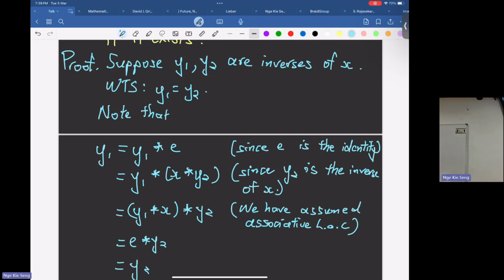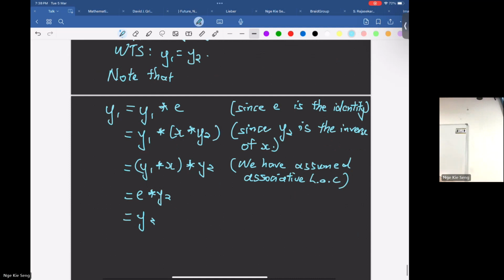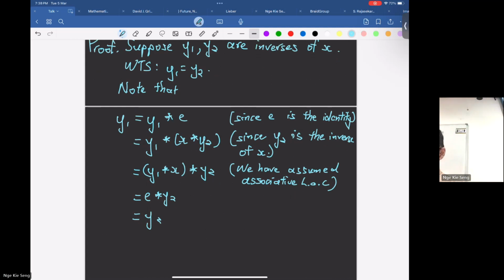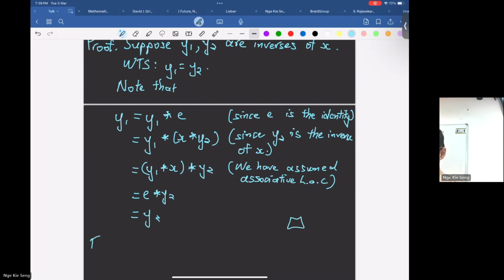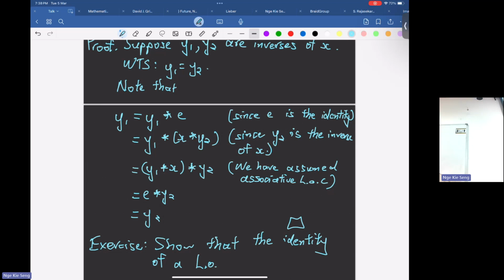You can show that the identity of a LLC is also unique.